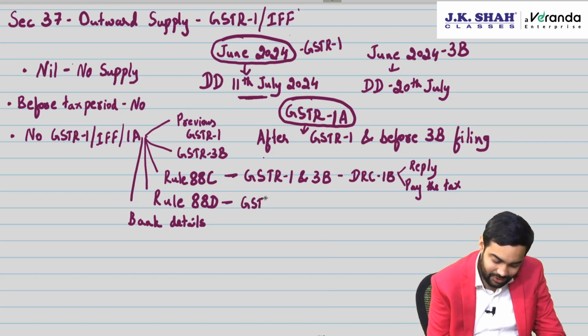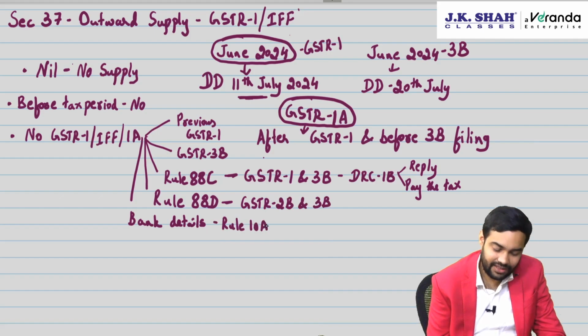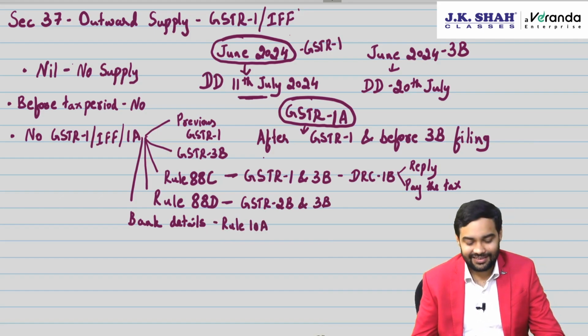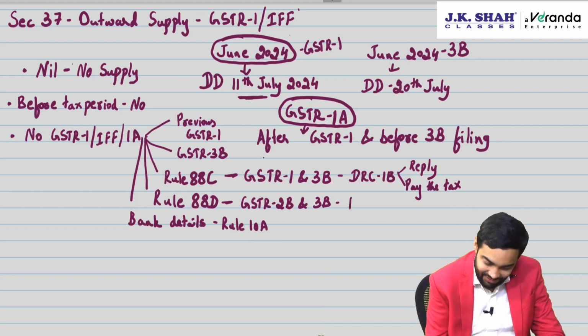88D talks about a mismatch between 2B and 3B. Now what is this 2B and 3B, sir? Say 2B has ITC of 10 rupees, but in 3B you have availed ITC of 100. Again, it's a fraud case. DRC 1C notice will be issued. Either you can reply or pay the difference tax.